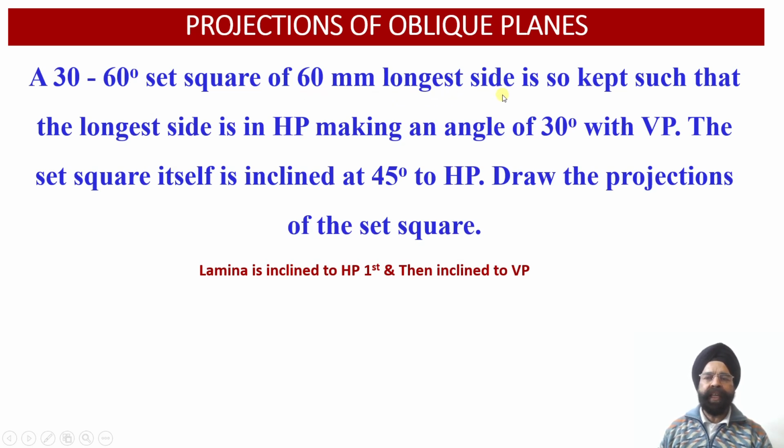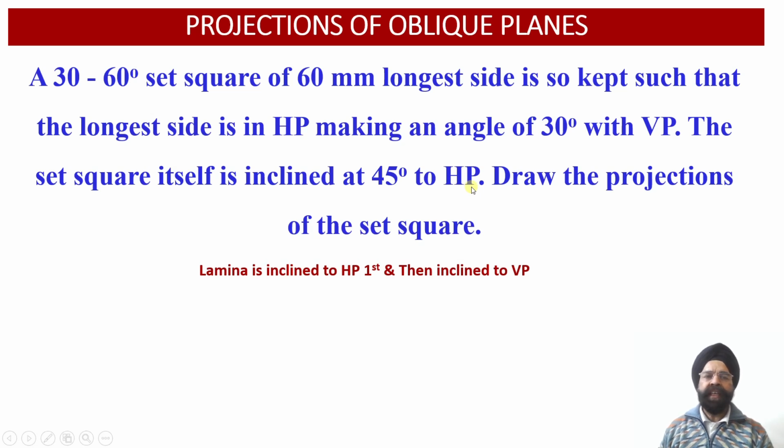It is oriented in such a way that its longest side lies in the horizontal plane, and its longest side makes an angle of 30 degree with the vertical plane, and the surface of the set square makes an angle of 45 degree with respect to the horizontal plane.